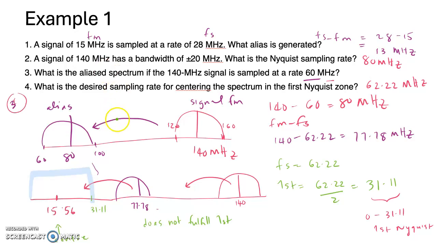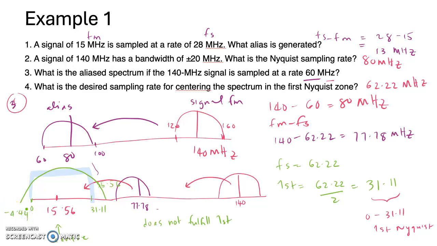But our bandwidth is actually plus minus 20, right? Which is quite big. So if this is plus 20, it will extend beyond the first Nyquist zone, because 20 plus 15.56 will give me 35.56, and 15.56 minus 20 will give me minus 4.44.